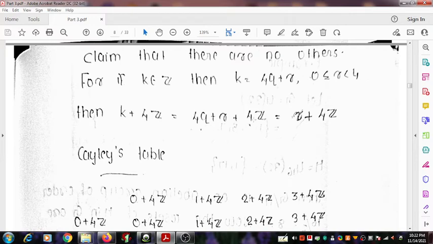The 4q will be vanishing when it is operated with 4Z, and thus there remains only the number r. Hence we get that it is equal to r plus 4Z.